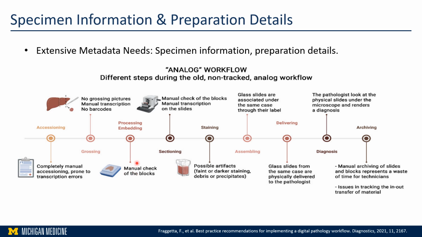And then after grossing, there is extensive processing and embedding, and after that sectioning of those ribbons and different types of staining and glass preparation, maybe different types of processing even with glass preparation, and finally delivering those glass slides to make diagnosis and archiving.